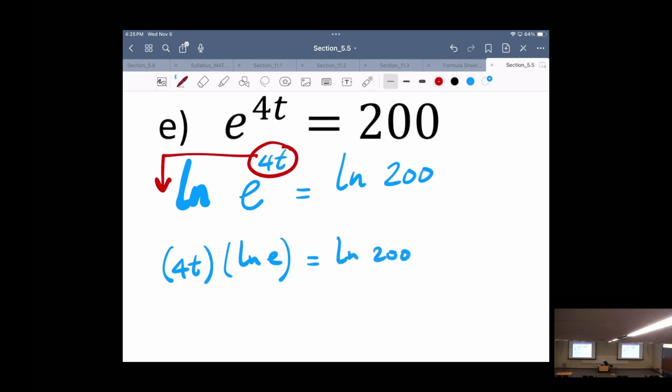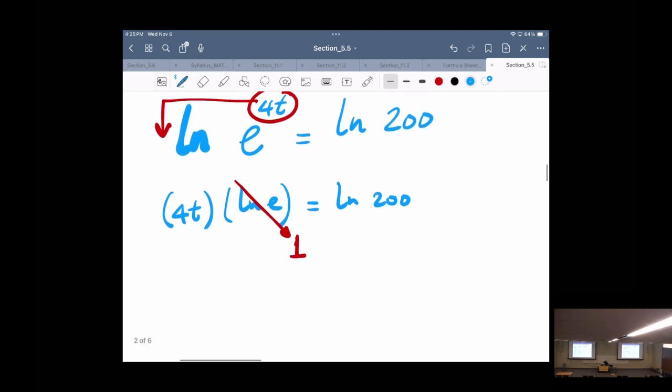But from section 5.4, we know that natural log of e is equal to 1. So then that gives us 4t equals natural log of 200. So we can solve for t: t is equal to natural log of 200 divided by 4.